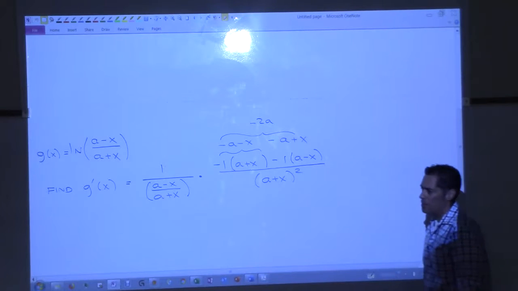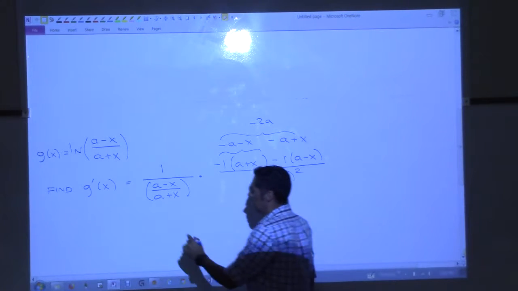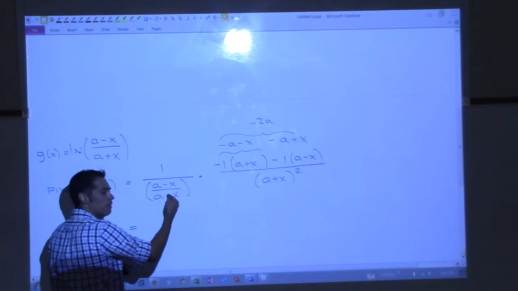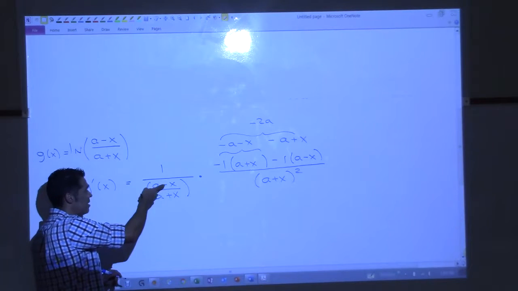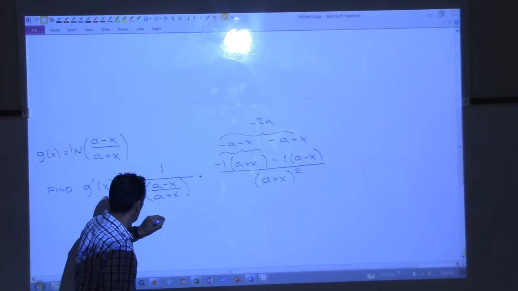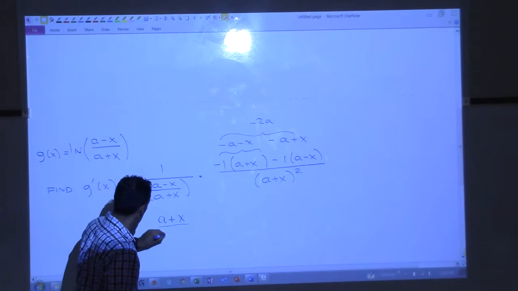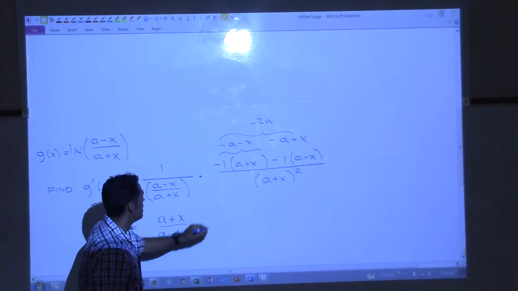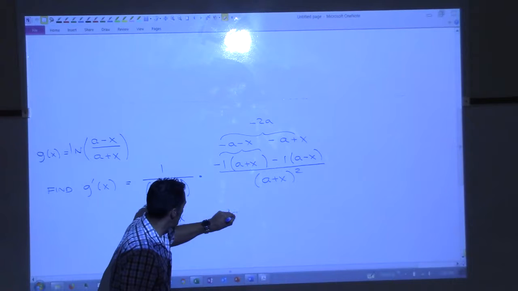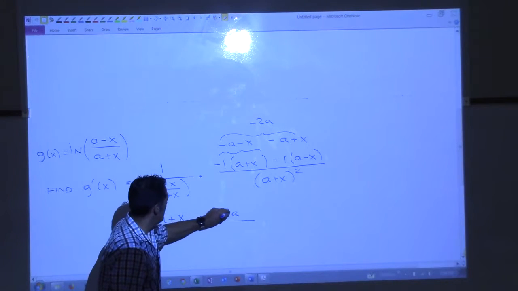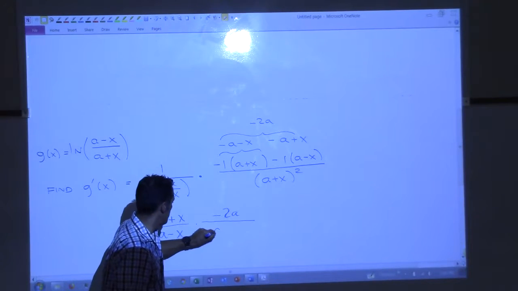All right, that's what the top is. And then also over here, 1 over a fraction is the same as the reciprocal. So I'm going to just flip this. This is going to become a plus x over a minus x. And then times, we said the top up there is negative 2a, and then over (a plus x) squared.